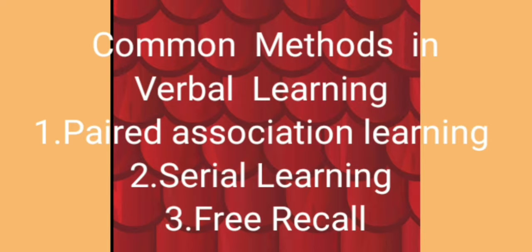Also, some nonsense labels from different languages can be used in the list. In this case, CVC words, consonant, vowel, consonant, can act as a stimulus and the response can be a familiar word. An example of paired associate learning that all of us use every day is when we try to learn a new word, we try to pair the word itself with the concept it represents.